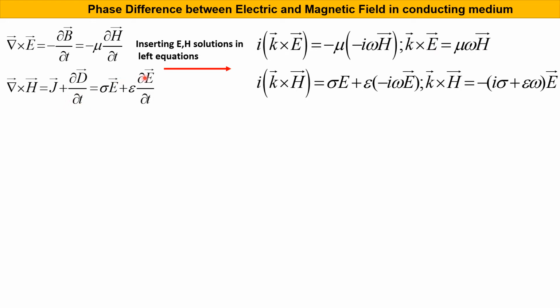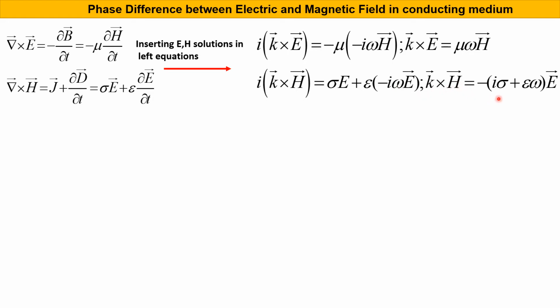Similarly, if we substitute the H equation, we have i into K cross H. The space term will be ik, so i will be on the left hand side, sigma E will be unchanged, and the partial derivative of E will produce the term i omega into epsilon.